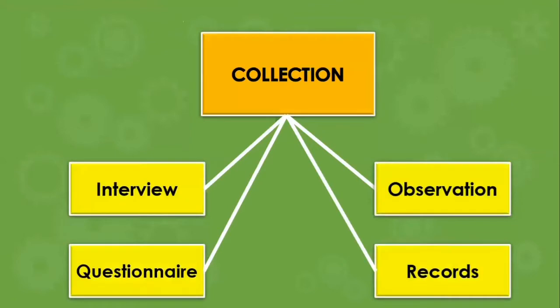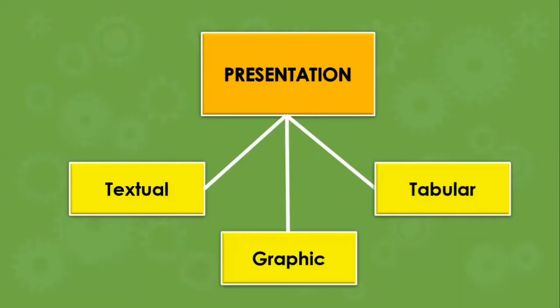In collecting data, there are different data gathering techniques that we can use, such as interviews, survey questionnaires, observation, or recording. In presenting the data, what we usually do is organize them to aid better understanding, by means of textual, graphical, and tabular presentation.